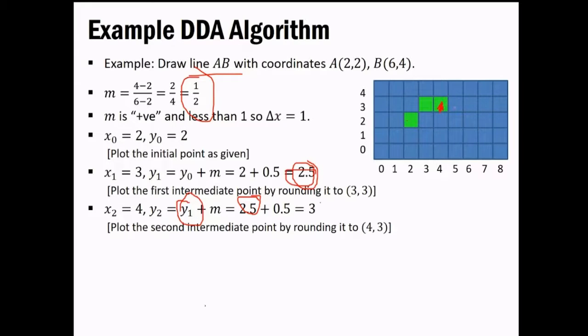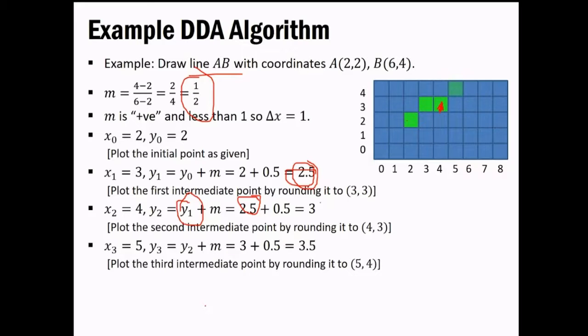Similarly, you have to calculate x3. It is also the same: incrementing the x value because we are going in the x direction and calculating the successive y value. So y2 plus m, where the value of y2 is 3 and the value of m is 0.5. So we have calculated 3.5. Obviously now we have to round it off to the nearest point, that is 4 in our case.